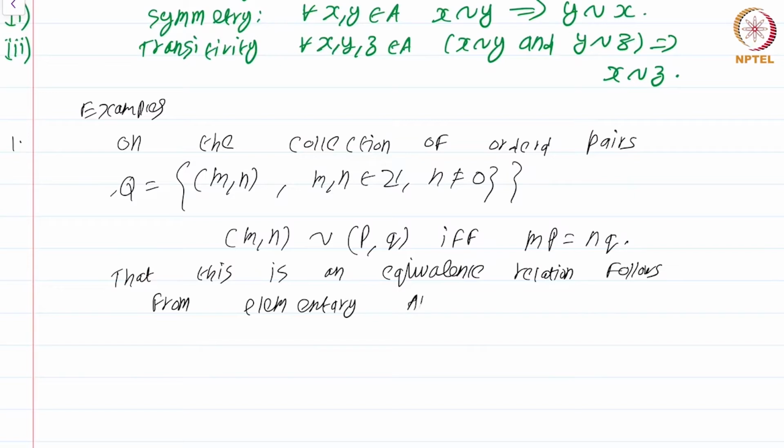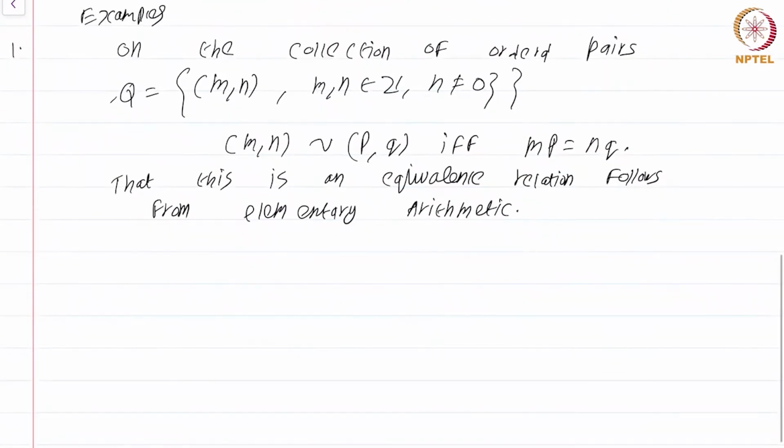So, the set Q of rational numbers is in fact not just a collection of ordered pairs. There is an additional equivalence relation involved, which we will make precise in a moment when we come to partitions.